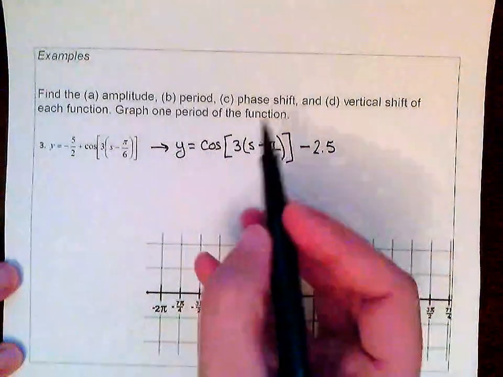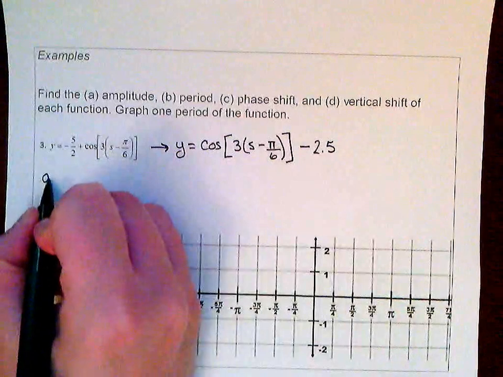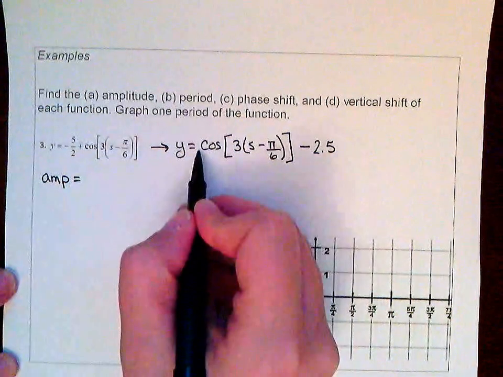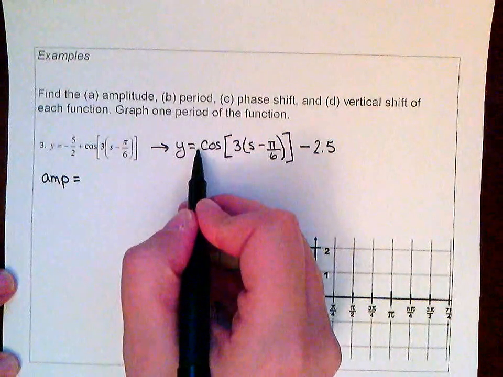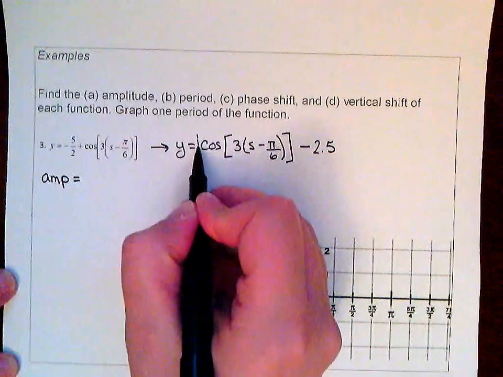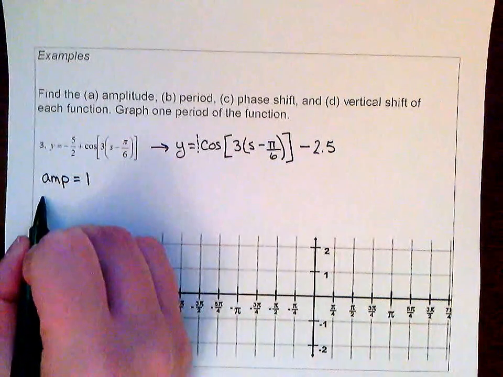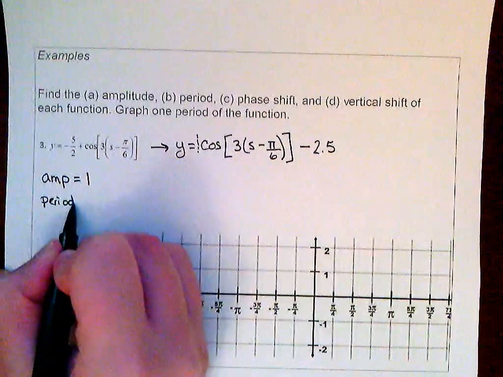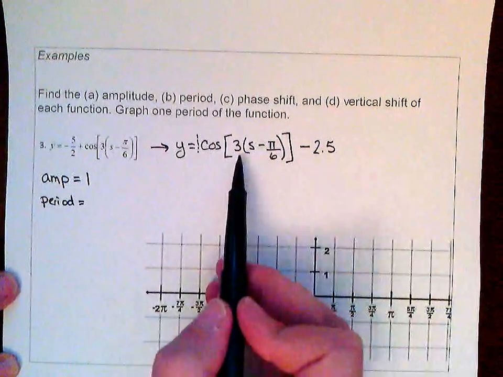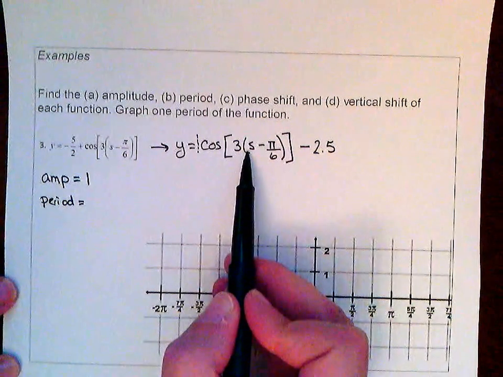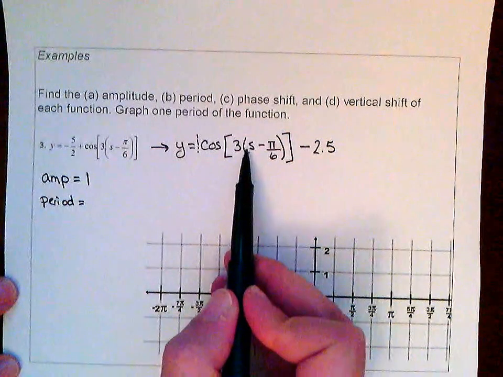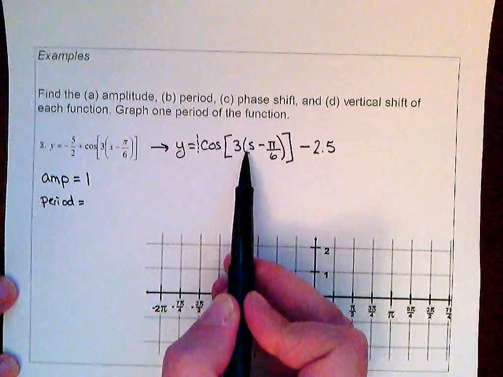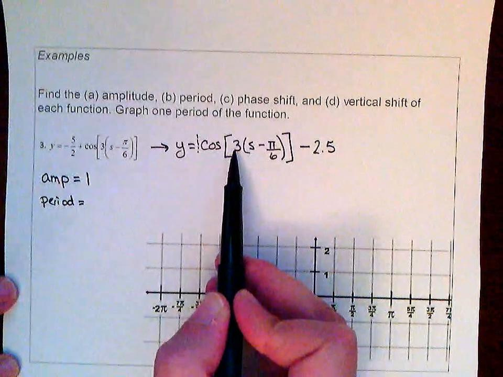Okay, so here, our amplitude. Because there's no A, our amplitude is just going to be 1. All right, our period. Now you notice that usually the B is right next to the x, but in this case the B has been taken out.